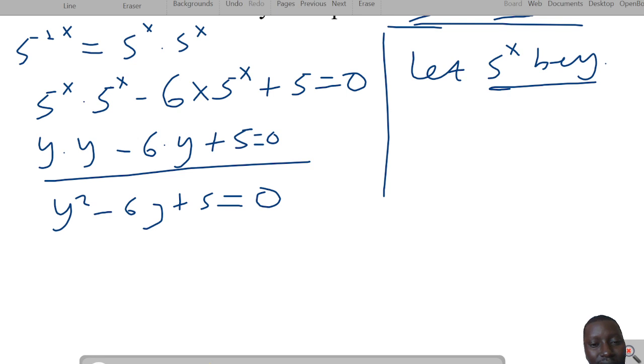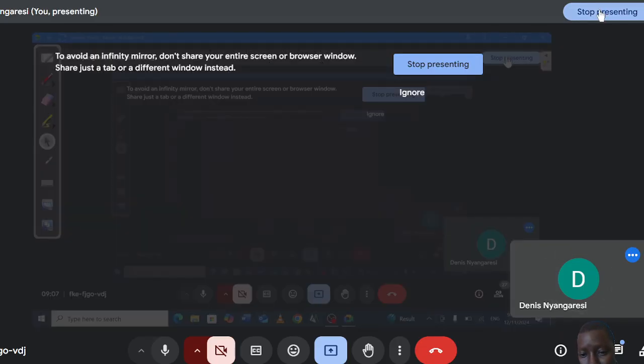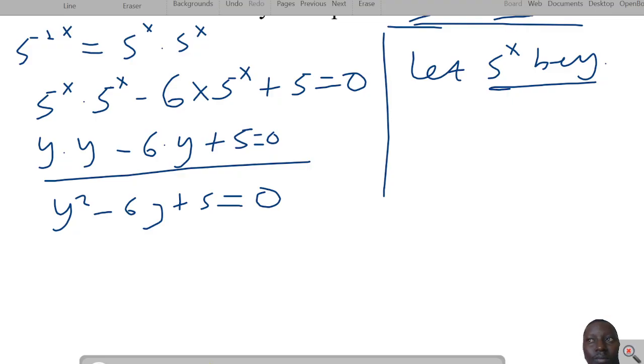So class, what follows next is we need to solve this, and perhaps I want you to solve that. So there are several ways of solving. One way is by use of factorization.